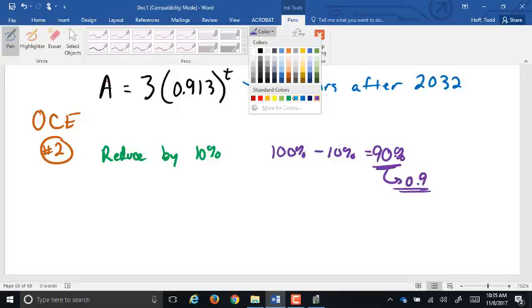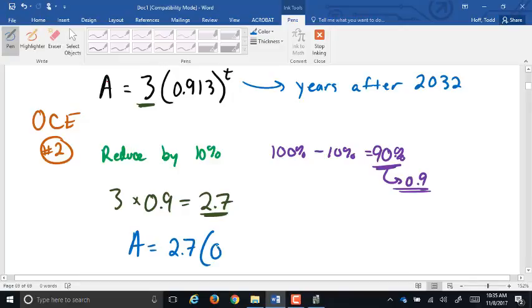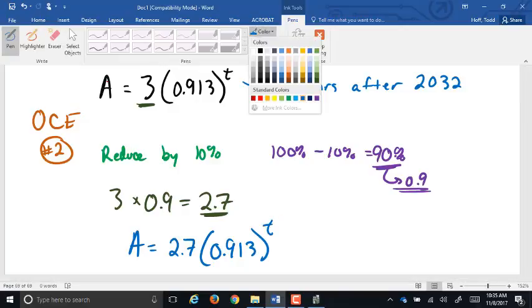So we could take our original 3 trillion, that's this number here we're adjusting, times 0.9 gives us 2.7 trillion. So the new formula there would become A equals 2.7 times 0.913 to the power of t. And that's what you would use in number 2.